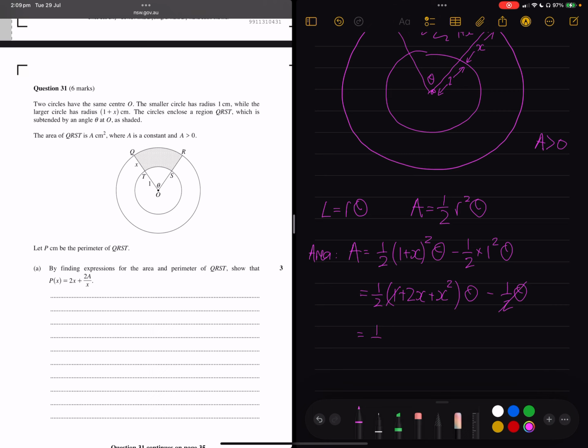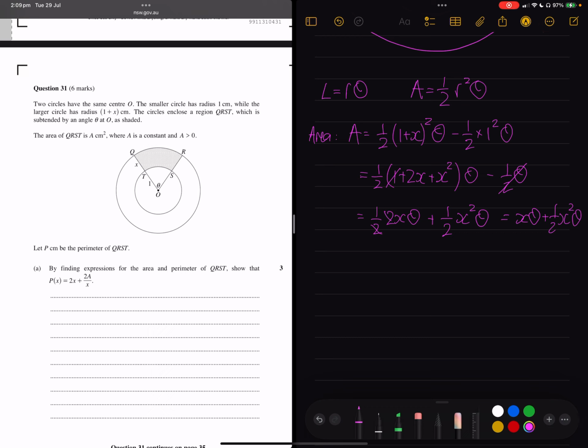So we get 1/2 times 2x theta plus 1/2 times x squared theta. Now we can cancel the twos, 2 and 2. So this would be x theta plus 1/2 x squared theta. And we could factorize that if we need to. So this is a formula for the area of the shape.